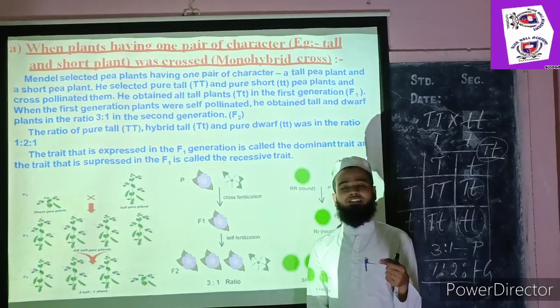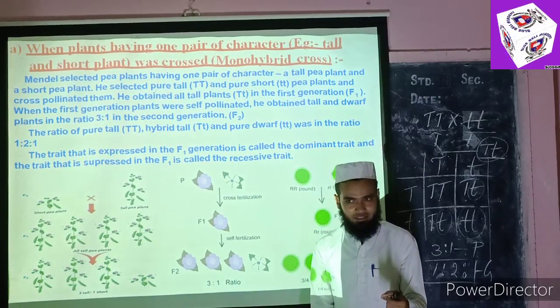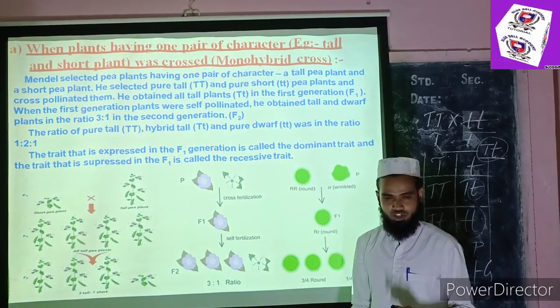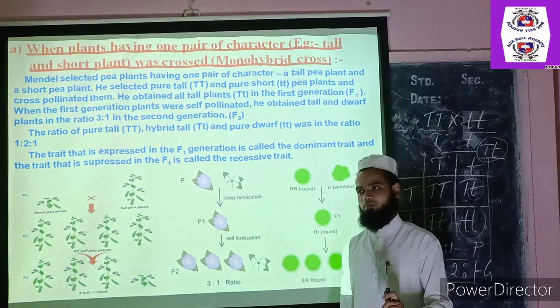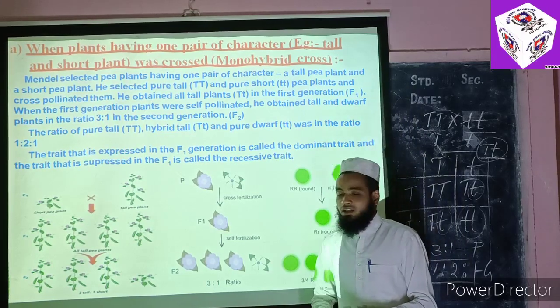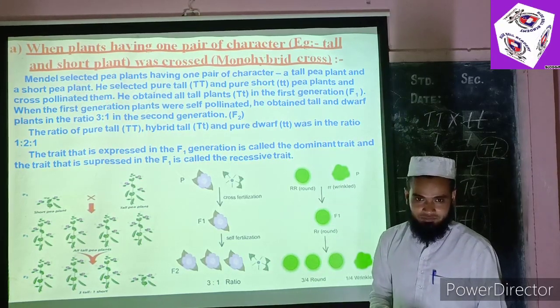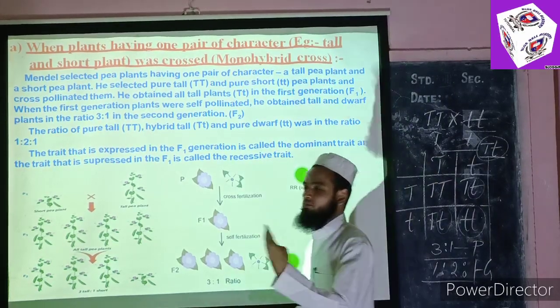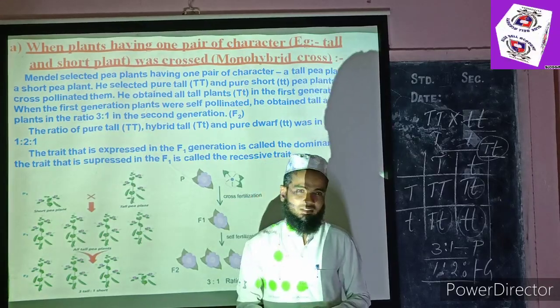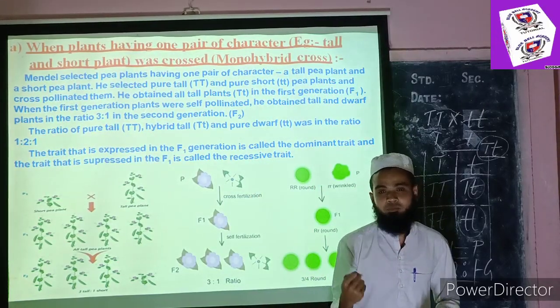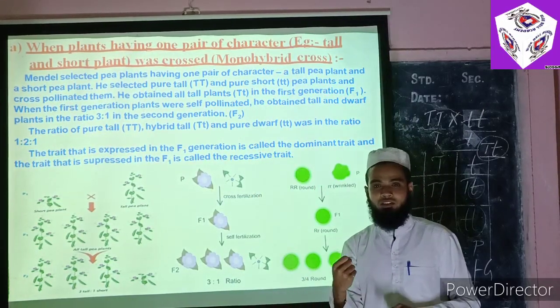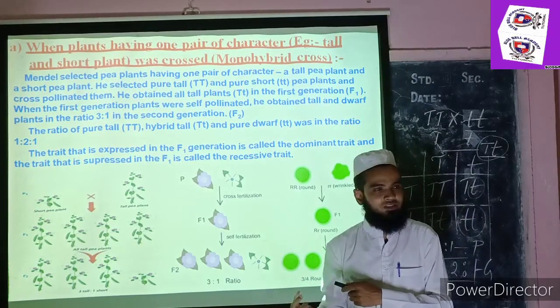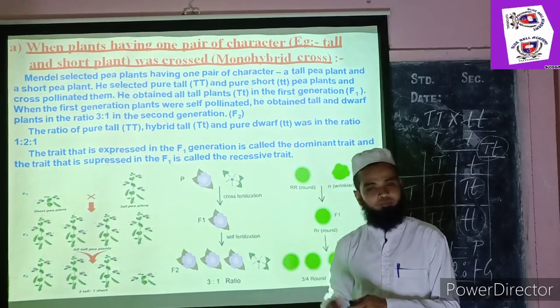The pair of factors responsible for a particular character separate in the equal ratio during the gamete formation. Okay. Then he concluded that during the transmission of characters from parents to offspring, the character which is dominant will express more, and the character which is recessive will remain suppressed.